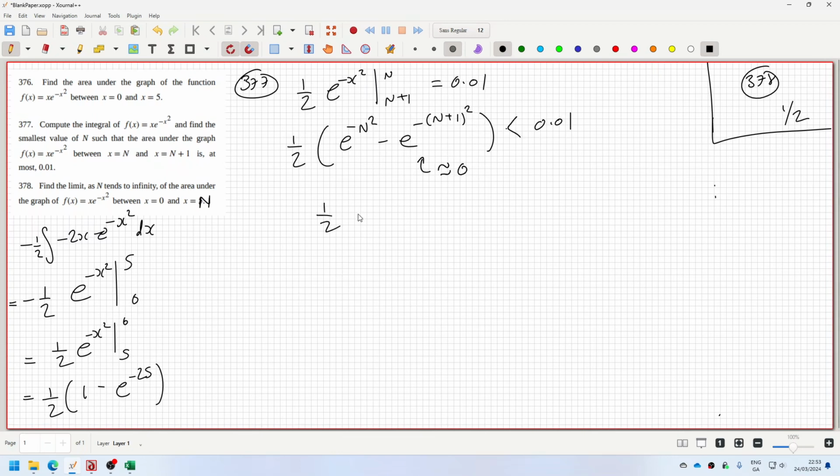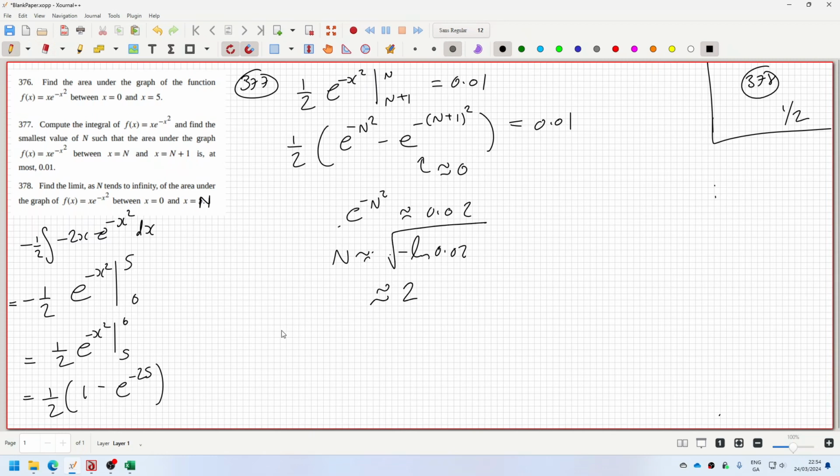So this would be a half e to the minus n squared, roughly equal to 0.02 if I multiply by 2. So I'll get minus n squared roughly equal to log 0.02. So I'll put the minus here and the square root. So I have a rough estimate here. So interesting. So I get n is approximately equal to 2.